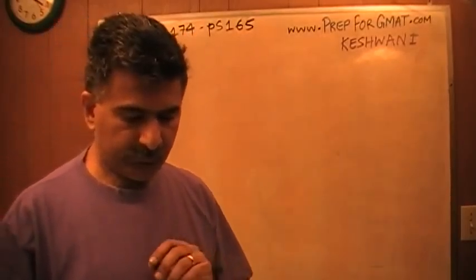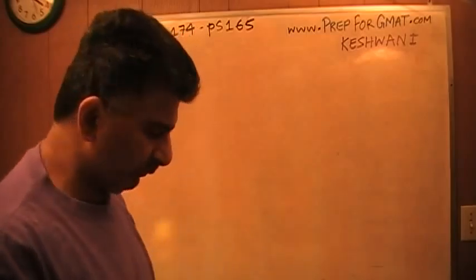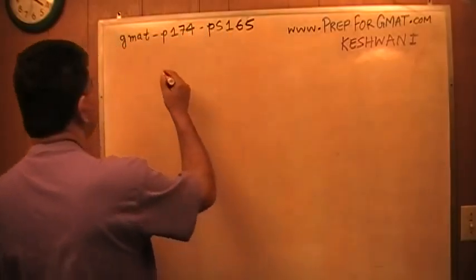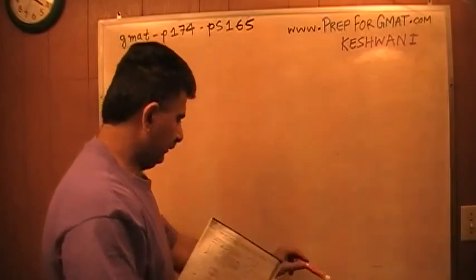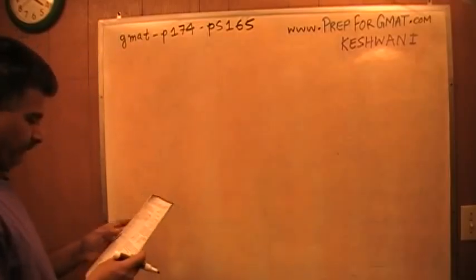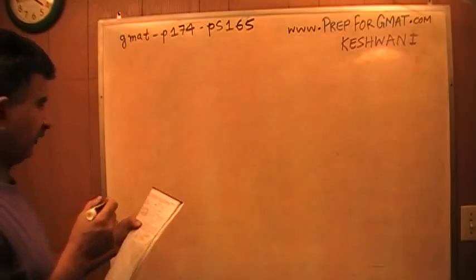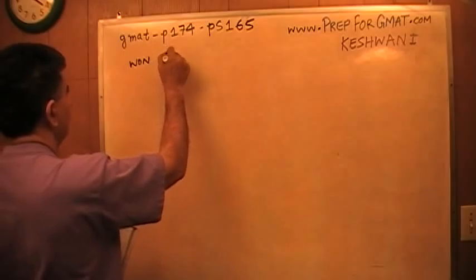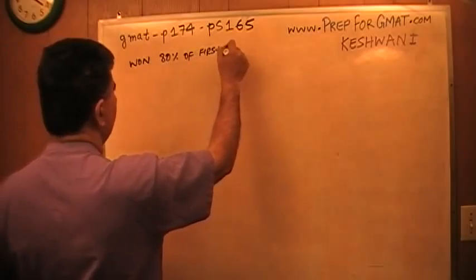It says, during a certain season, a team won 80% of the first 100 games. All right. Let me not use the red pen. Red pen is difficult to read. They won 80% of the first 100 games.